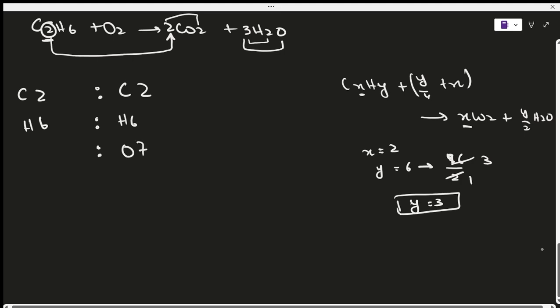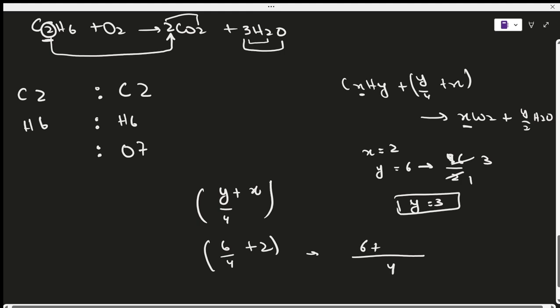Now what is the formula? The formula is y over 4 plus x. The value of y is 6, so 6 divided by 4 plus 2. And we'll take the LCM here, which is 4: 6 plus 4 into 2, and you'll have 4 multiplied by 2 is 8 plus 6 is 14.